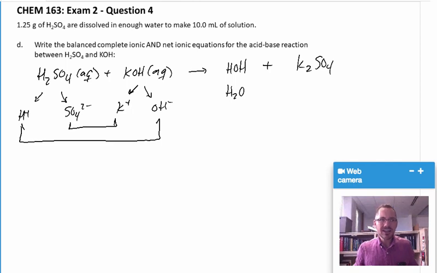Now, some people don't really look at water as HOH, they look at it as H2O, but H2O and HOH are actually the exact same thing. So one of the tricks and tips that I always tell people is that whenever we're dealing with acid-base reactions, I would suggest leaving water as HOH, because HOH and H2O are legitimately the same thing. The difference here is you recognize where the proton from the acid and the hydroxide from the base go.